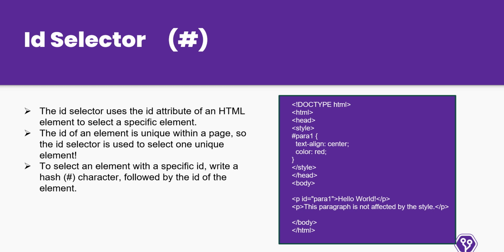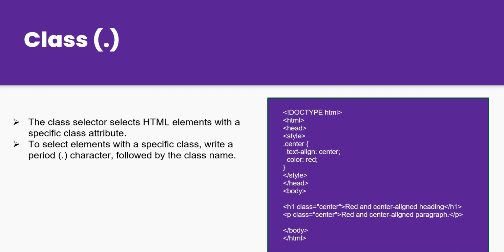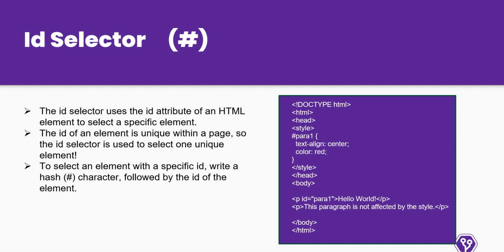We can use the ID attribute, and for this one you notice that we use the hash symbol. For class, we use the dot, and you saw that in the code. The ID selector uses the ID attribute of an HTML element to select a specific element. I'll go back to my Visual Studio Code.